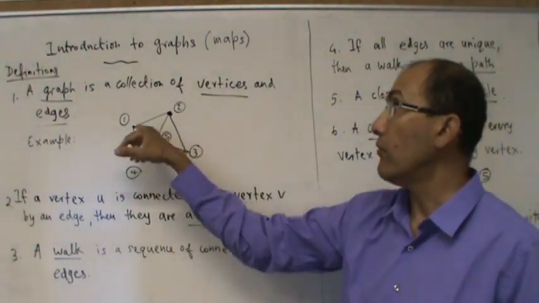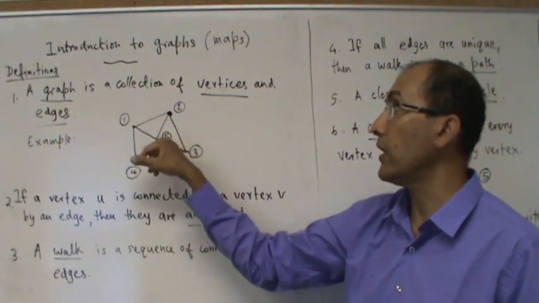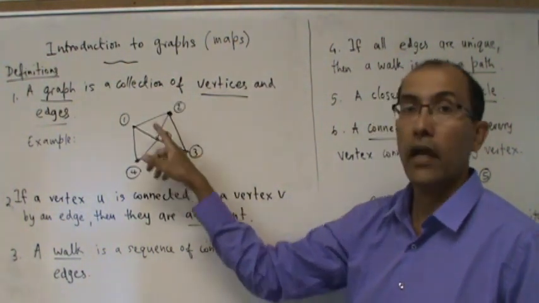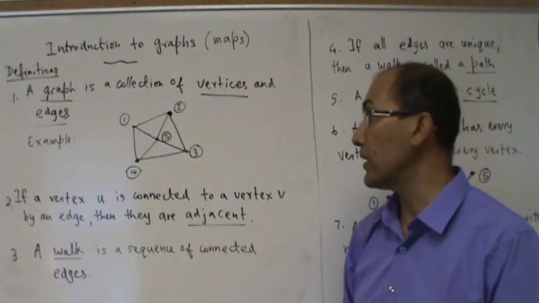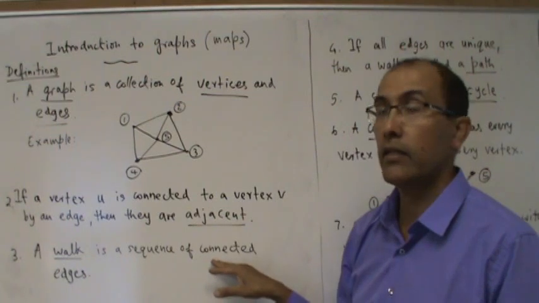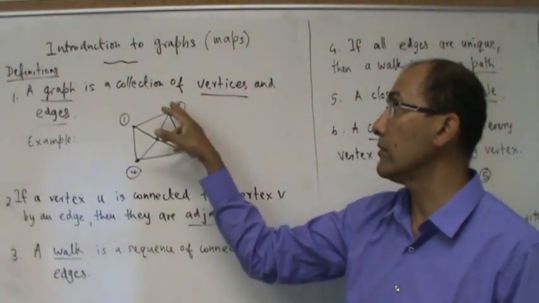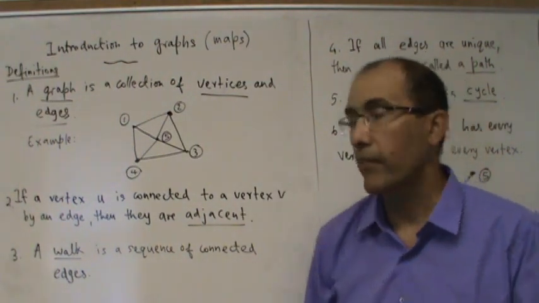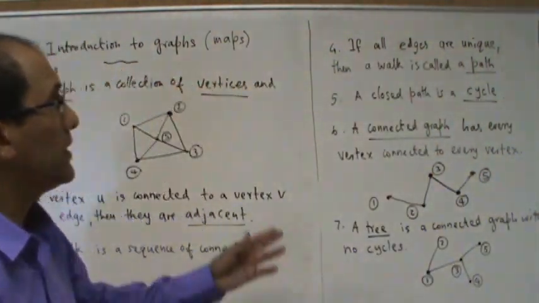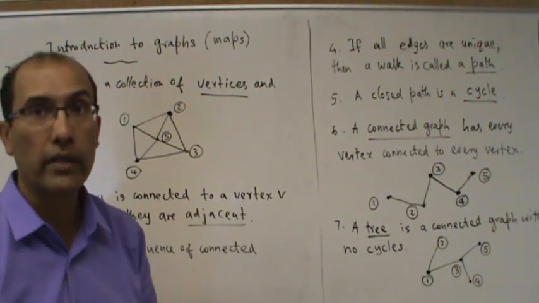I can go 1, 5, 3 or 1, 2, 3 or 1, 4, 5, 1, 2, 3. I can go any which way from 1 to 3 in a walk. That would be a long walk, but I can still do it. The next definition is if all the edges are unique, then the walk is called a path.